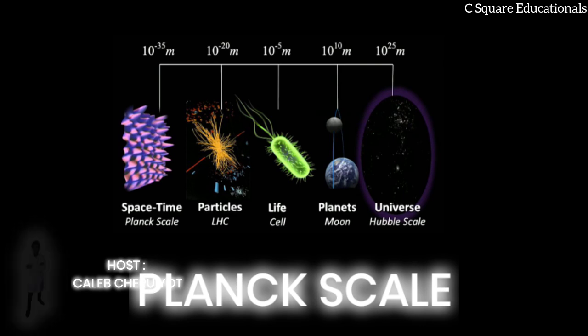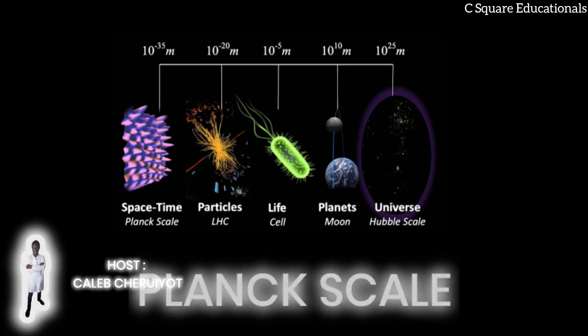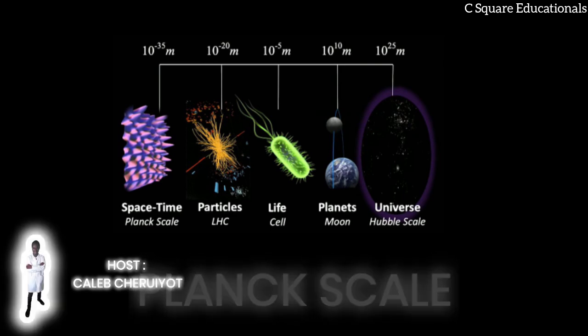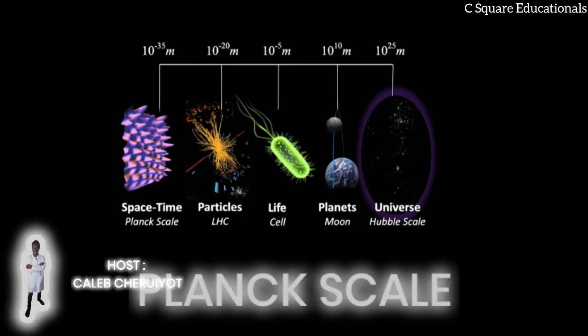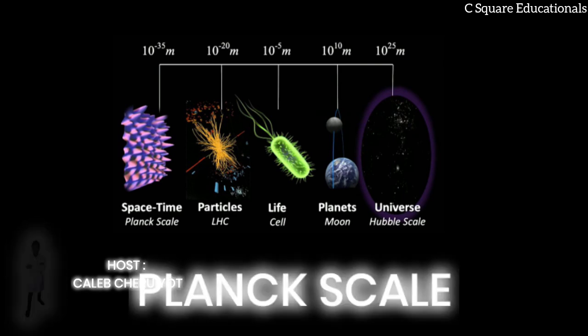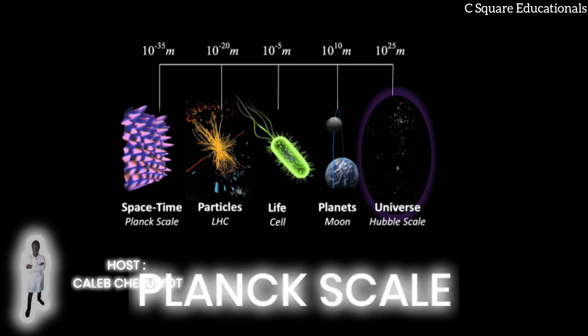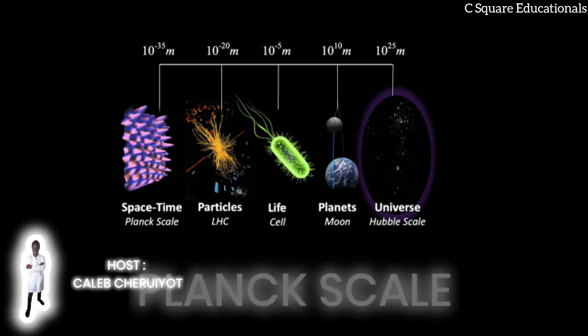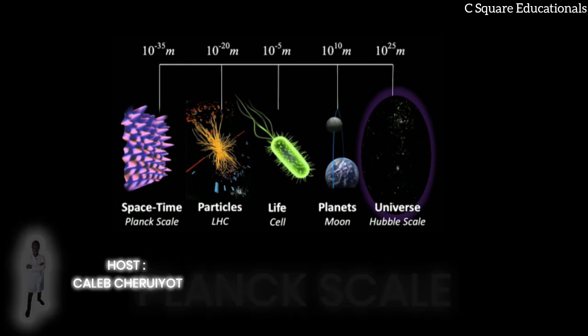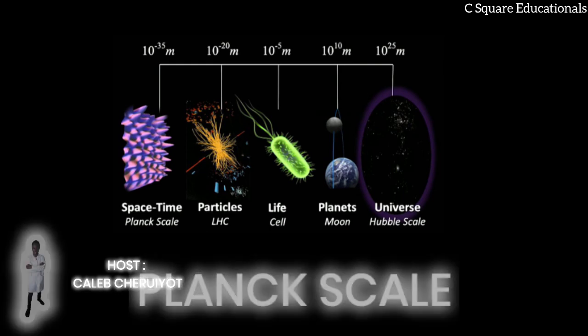This region may be characterized by particle energies of around 10^19 gigaelectronvolts or 10^9 joules, time intervals of around 10^-43 seconds, and lengths of around 10^-35 meters, approximately the energy equivalent of the Planck mass, the Planck time, and the Planck length, respectively.